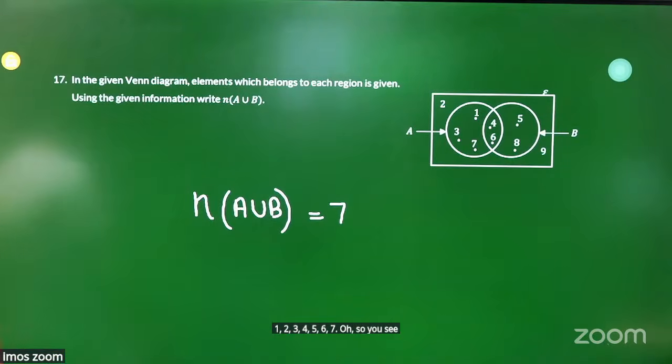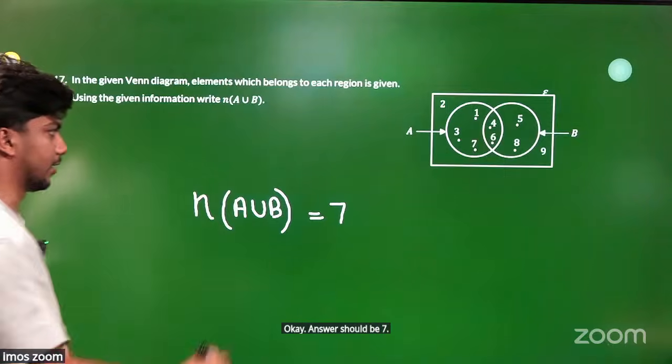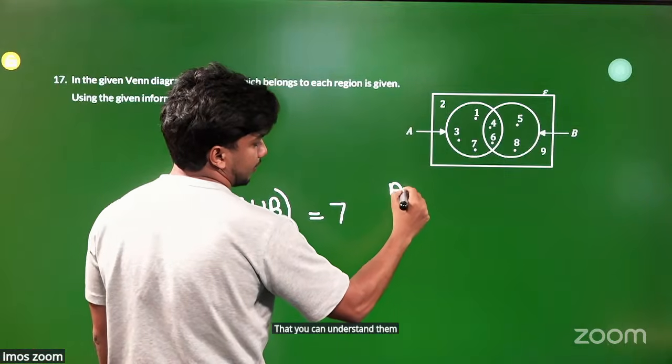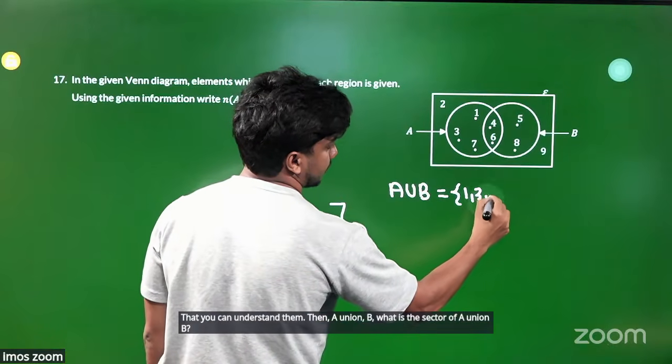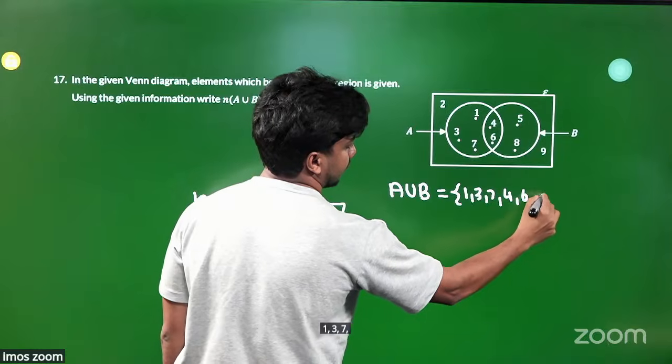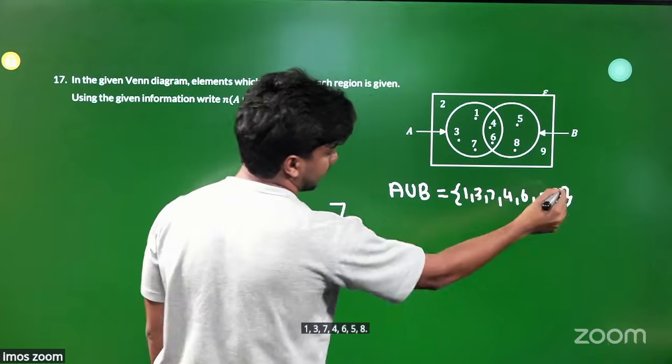Answer should be 7. So you can understand. Then A union B. What is the set of A union B? 1 3 7 4 6 5 8. So how many elements here? 7.